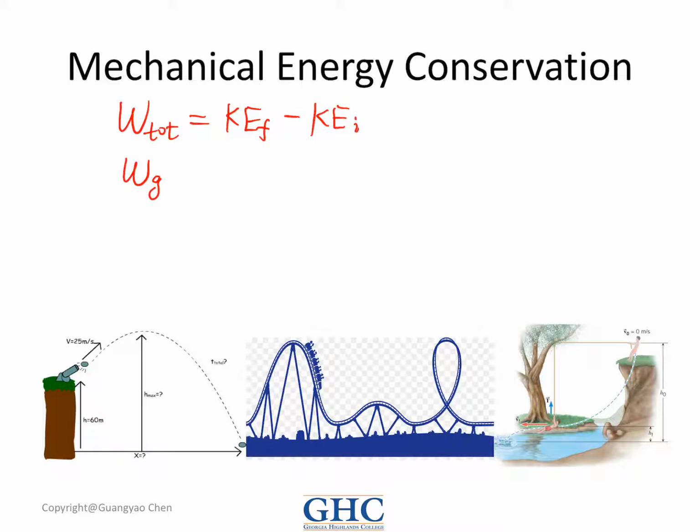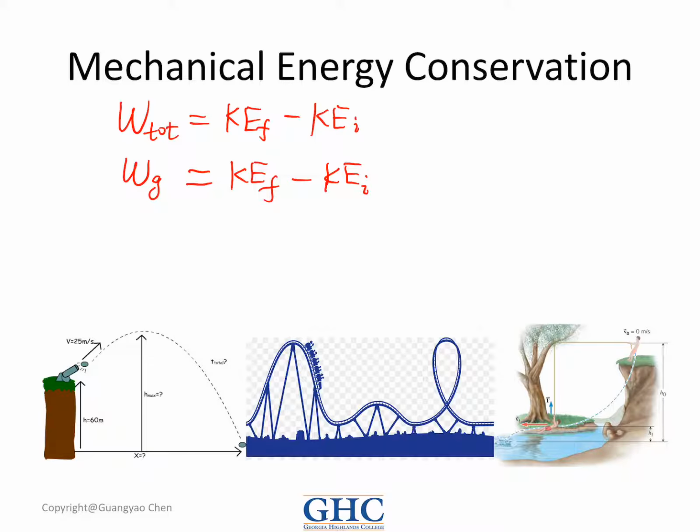Now make sure we state it correctly: only gravity doing work on the system. You can have other non-conservative forces, but only gravity is doing work. Then the work done by gravity will be equal to the change of kinetic energy.